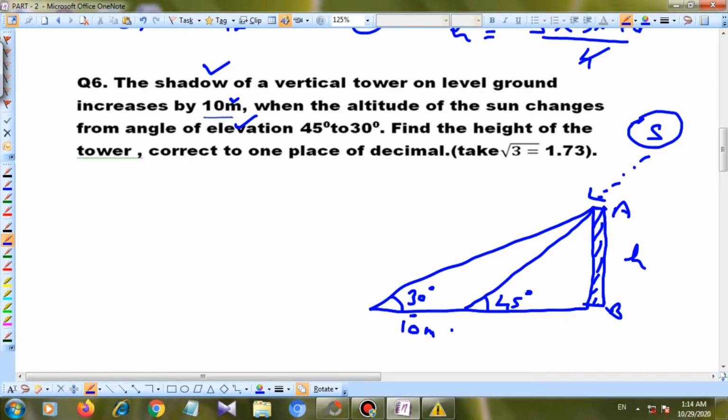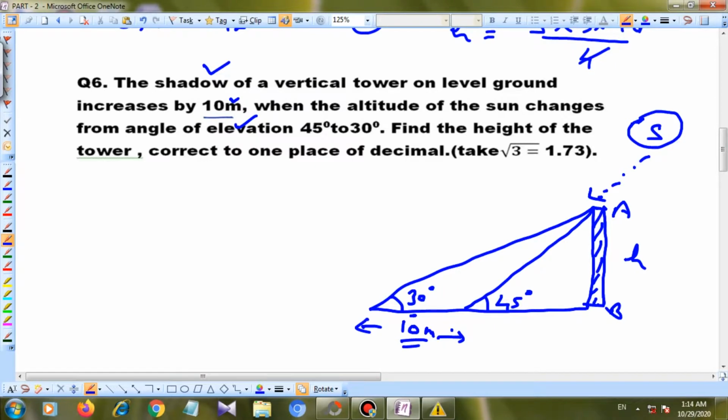The question says that when the shadow of the tower increases by 10 meter, the elevation decreases from 45 to 30 degree.